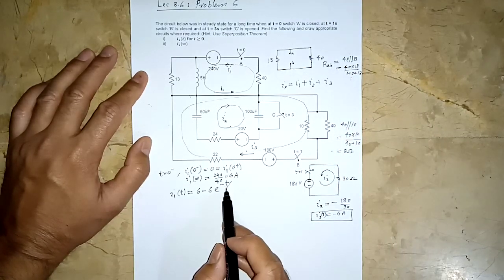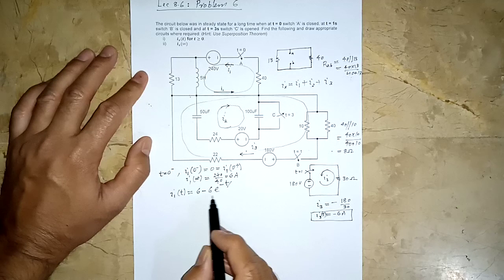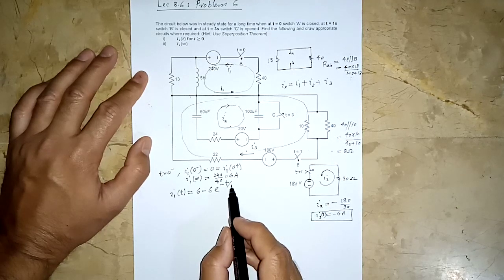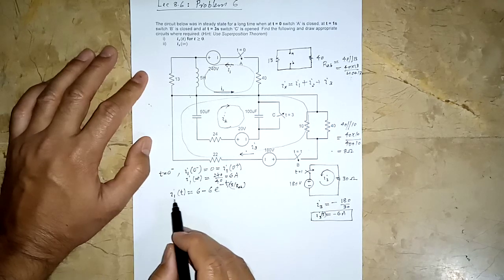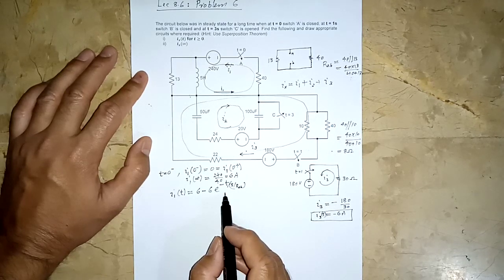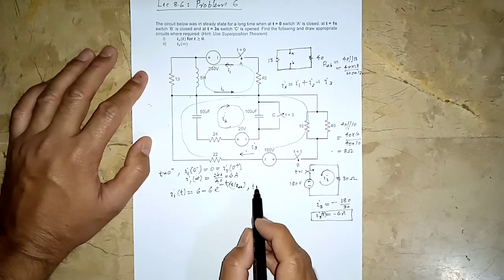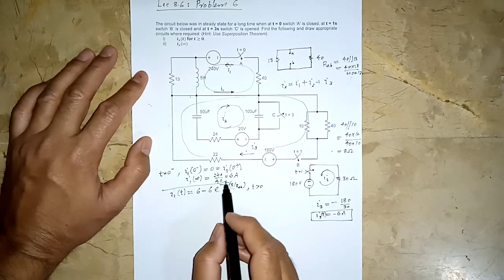Let me use that as RAB. So we are going to get 5 over RAB. So this is the expression for I1(t) for all time, for t greater than 0.